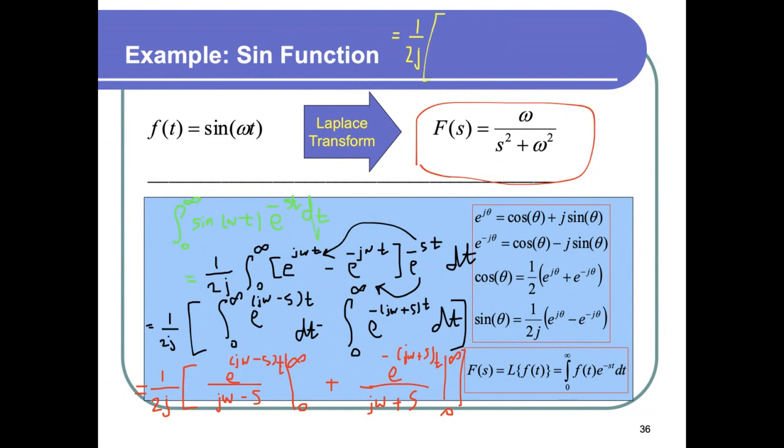The first term at infinity will vanish, so we'll have the 0. So we'll have minus 1 over j omega minus s. Similarly, for the other one, we will have minus 1 over j omega plus s.